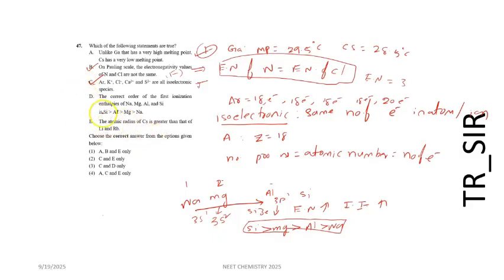They gave silicon, aluminum, magnesium, so this statement is also false.